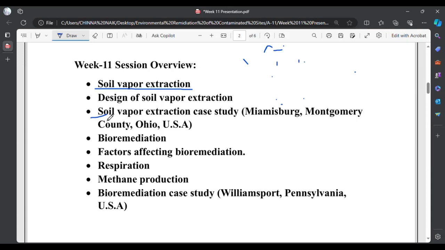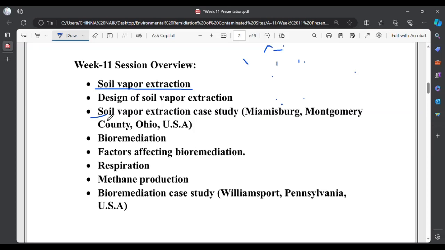And the main contaminants they try to focus on removing are PCEs, TCEs and DCEs. These are VOCs, volatile organic compounds, so chlorinated compounds we have to remove. And the method they used is the soil vapor extraction method.